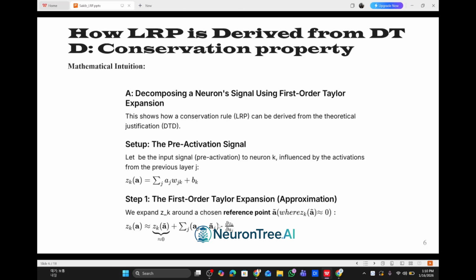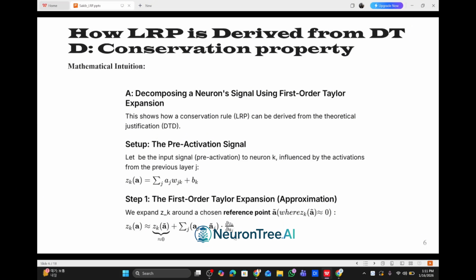If you find this equation difficult to understand, you can easily think about it in reverse. For example, this term is 0, and as we mentioned, we are writing this term as aj minus a tilde j.